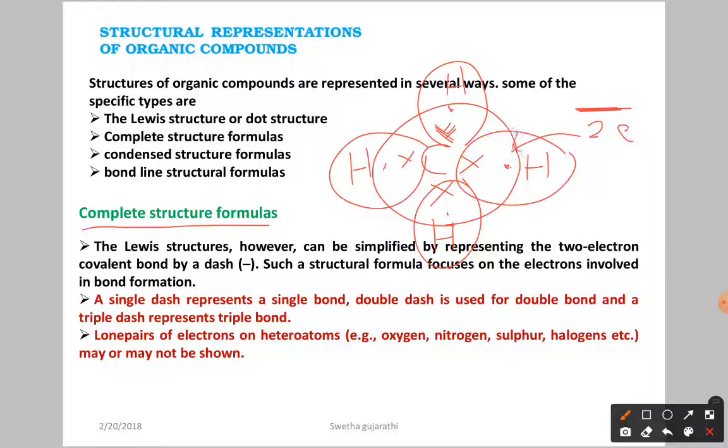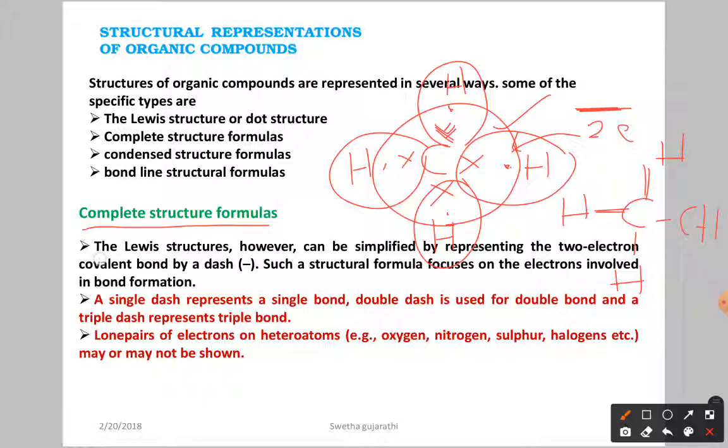Here you can see, this is the complete structural formula of methane. This is the Lewis dot structure, and whatever dots are there, you replace with a line. That line indicates one bond.